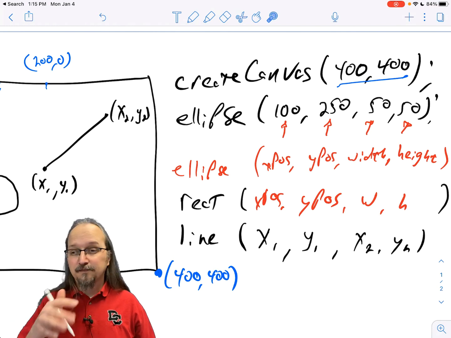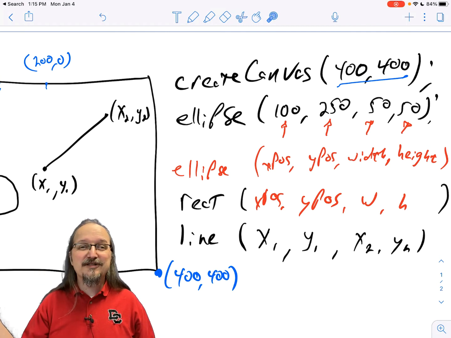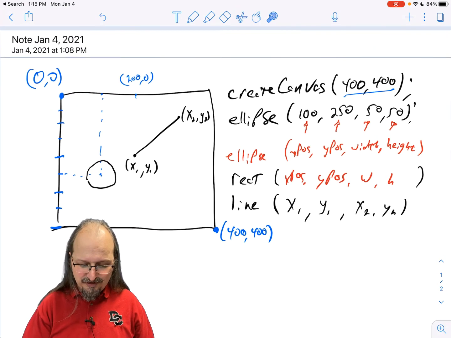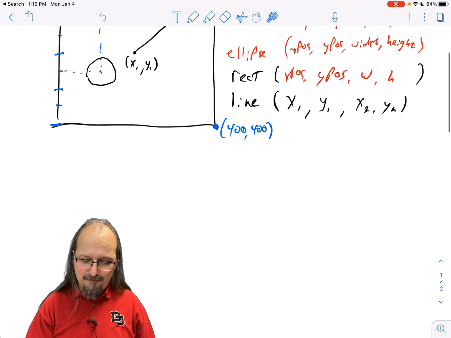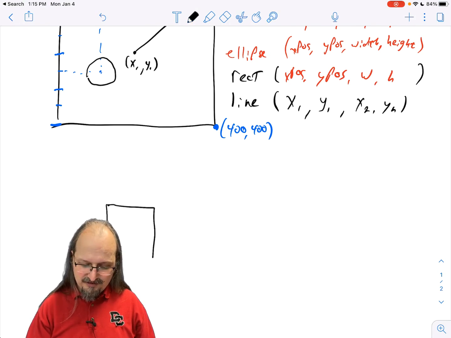All right? Now, what I want you to do is play with these three functions. Draw a bunch of different things. And after you've had a sense for how they might work a little bit, I want you to draw this shape.